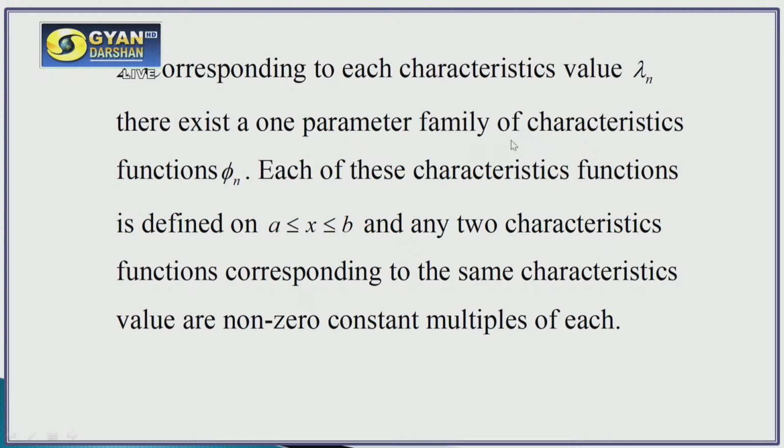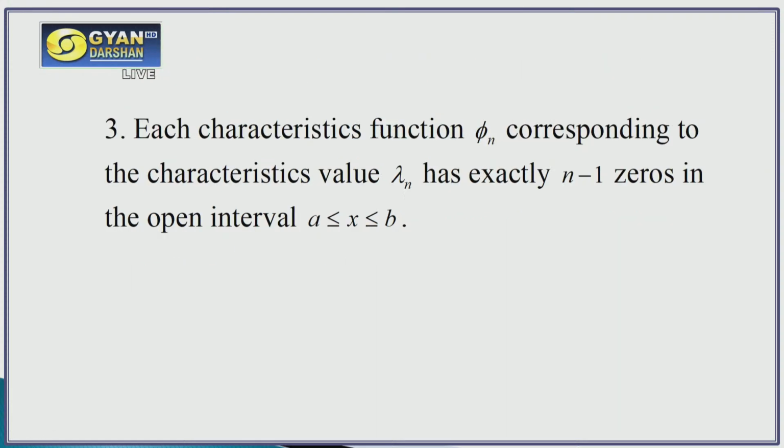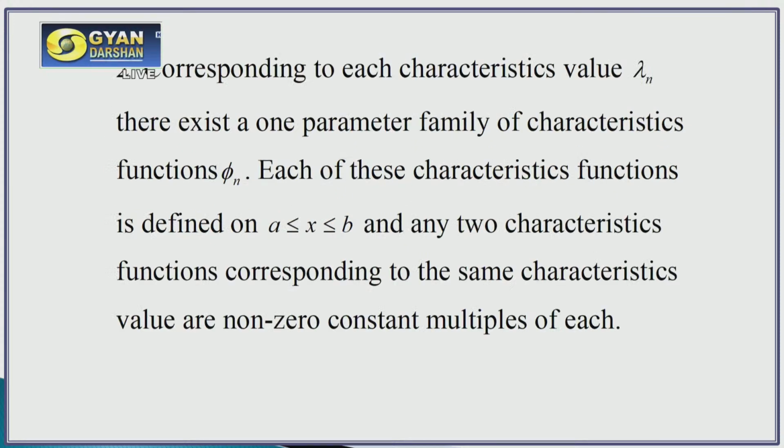Obviously, for a particular lambda, if you can get two different solutions, they will always be multiples of each other. Since we have seen there is always a constant multiplication, like we have phi n equal to Cn sin nx. So this Cn is a constant, so it can be any constant. One can take 1 in place of Cn, anyone can take 2. So it is a fixed constant, but this constant may vary depending on the situation or your boundary conditions.